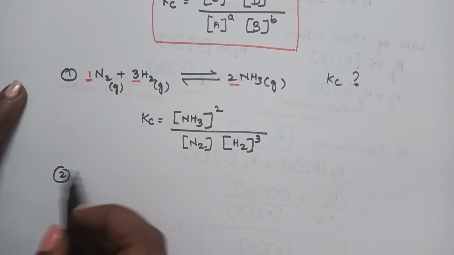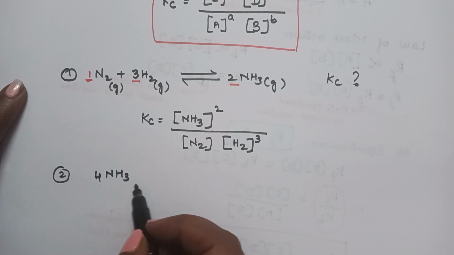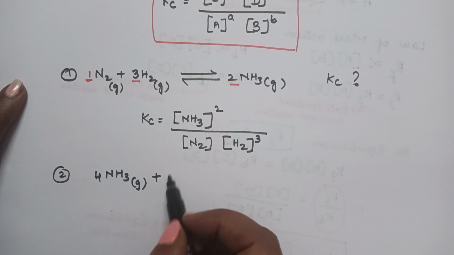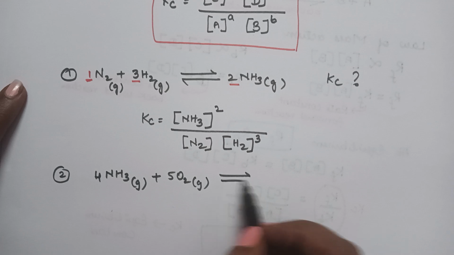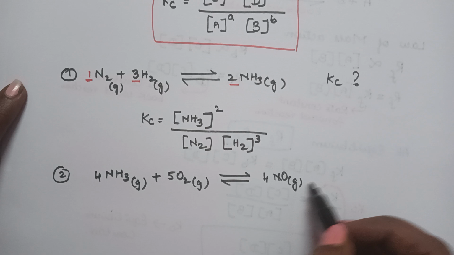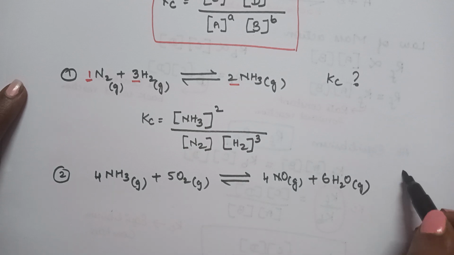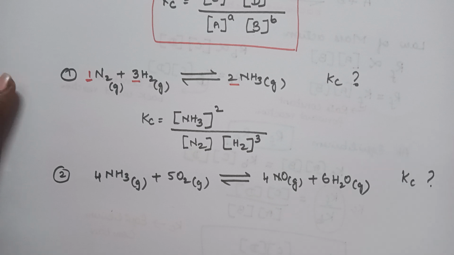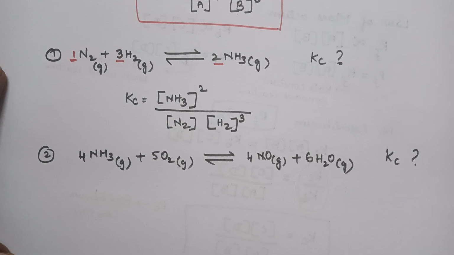One more example, from the textbook: 4 times ammonia gas, 5 times oxygen gas, giving 4 times NO gas plus 6 times H2O gas. Write the equilibrium constant expression for this. Kc is equal to, write the products first.